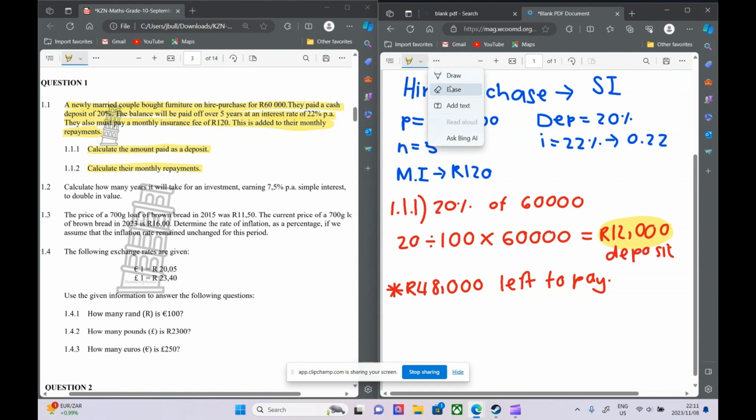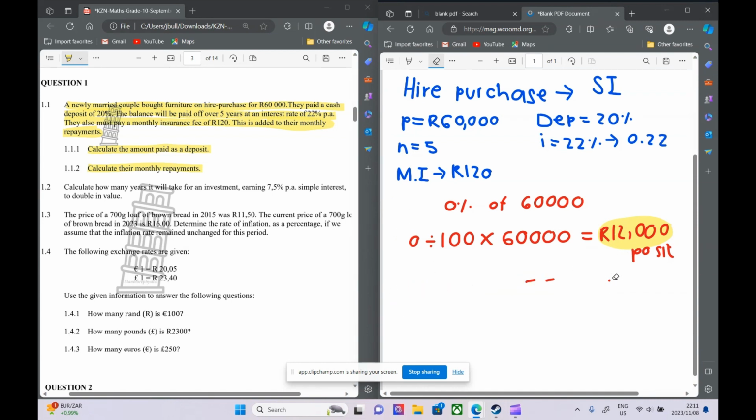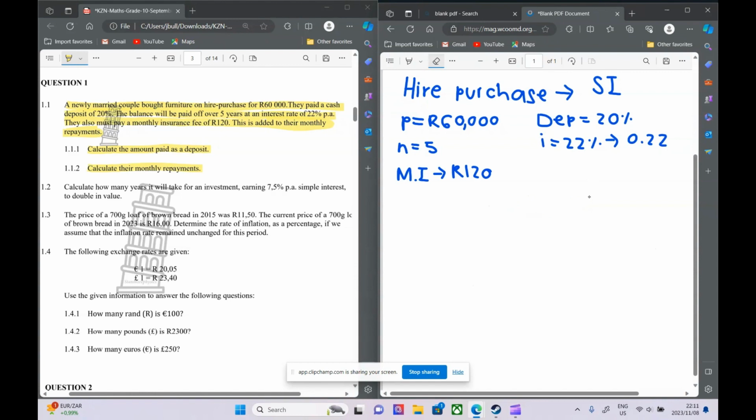We've done 1.1.1. Let's do 1.1.2. So 48,000 Rand is how much they have left to pay. We're going to make a note of that in a sec. Okay, let's get into it. So 1.1.2.